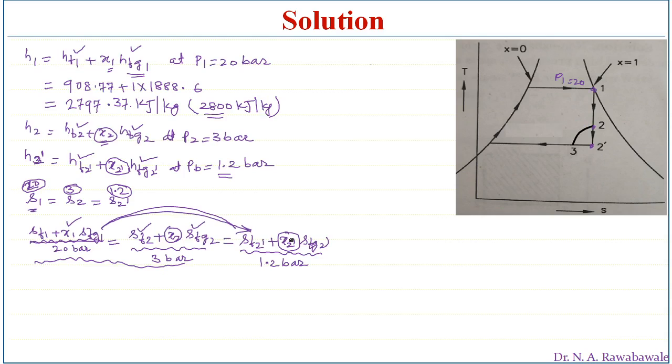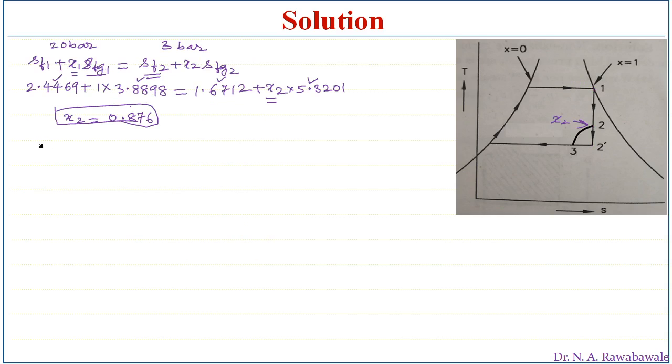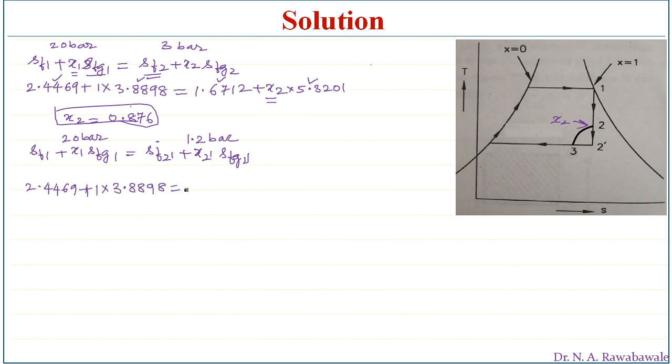So S_f1 plus x1 S_fg1 at a pressure of 20 bar equals S_f2 dash plus x2 dash S_fg dash at a pressure of 1.2 bar. The value of S_f1 is 2.4469, plus x1, which is given as 1, times S_fg, 3.8898, equals S_f2 dash, which we take from the steam table at 1.2 bar.